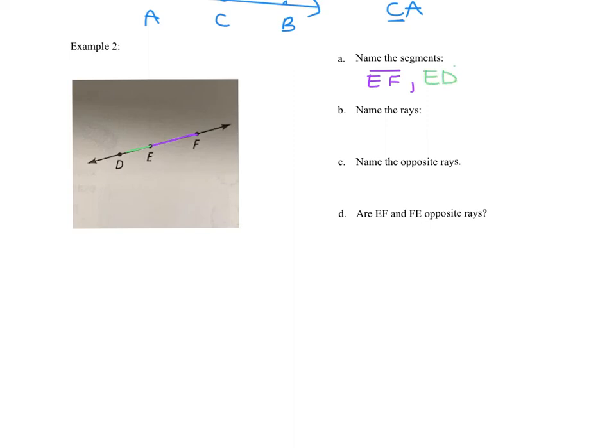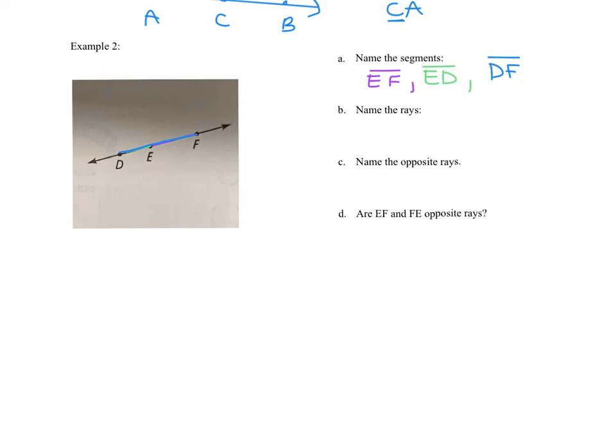You don't need to do both. And then the last segment would be if we did the bigger one, so segment DF or segment FD. But again, you don't need to name it both ways. You just need to get every different chunk that you have. Okay, so those would be your segments.